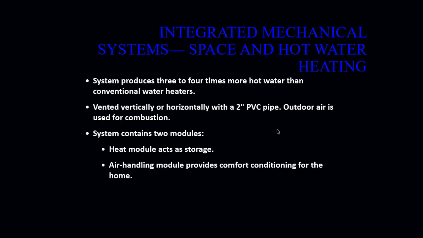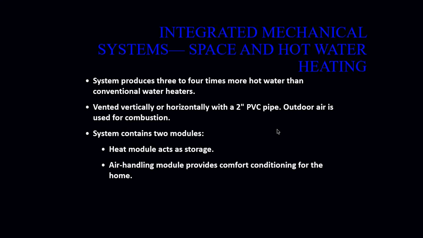Okay, these systems produce 3 or 4 times more hot water than your conventional water heater. Okay, these can be vented either vertically or horizontally with a simple 2-inch PVC pipe. Your outdoor air is used for combustion, just like a standard high efficiency furnace.